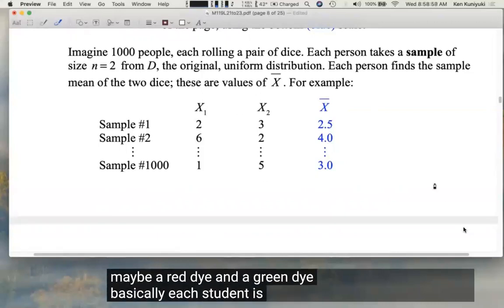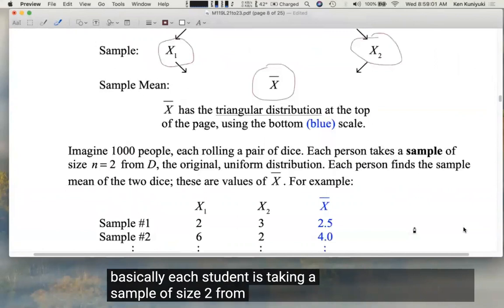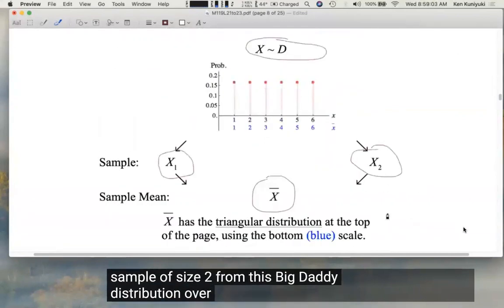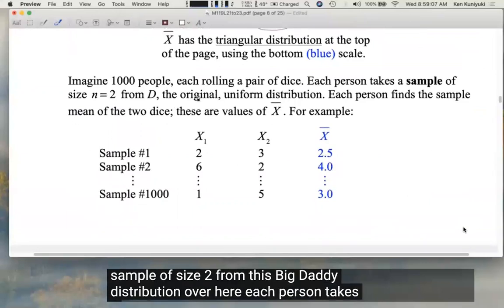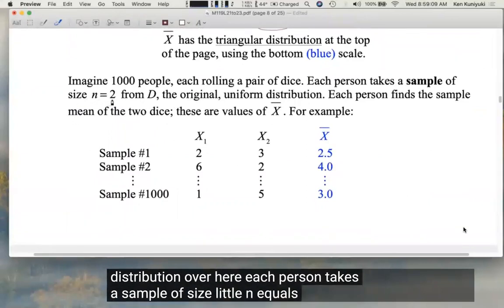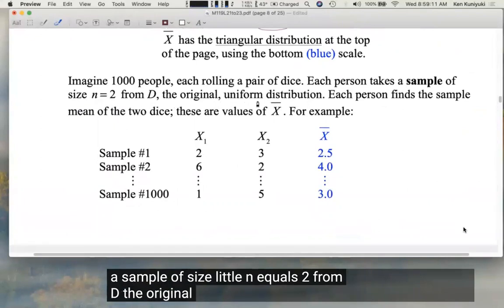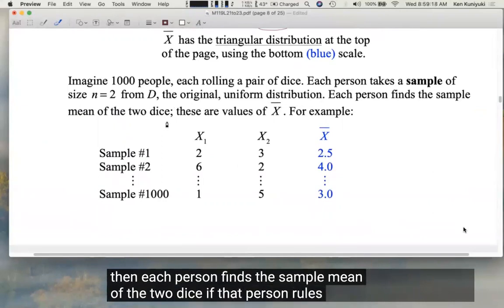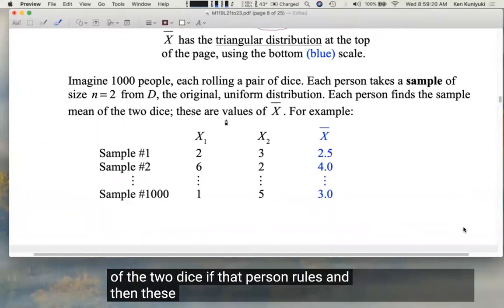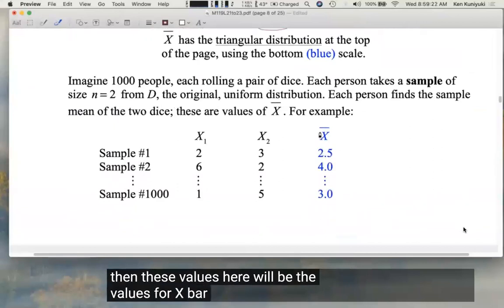Basically, each student is taking a sample of size 2 from this Big Daddy distribution over here. Each person takes a sample of size little n equals 2 from D, the original uniform distribution. And then each person finds the sample mean of the 2 dice that person rolls. And then these values here will be the values for X bar, the sample means.